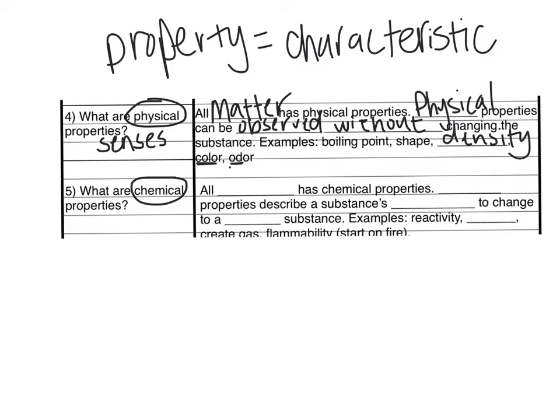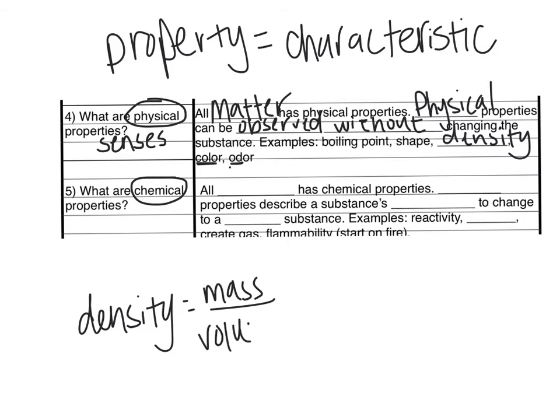And I'm sure you learned all about density when you were in 6th grade. Density is how much stuff is packed into a certain amount of space. So you have to have the mass and the volume. And this is how you calculate it. So mass over volume.